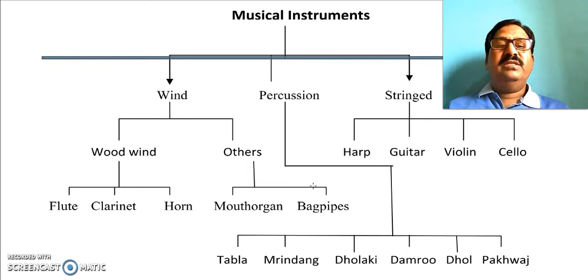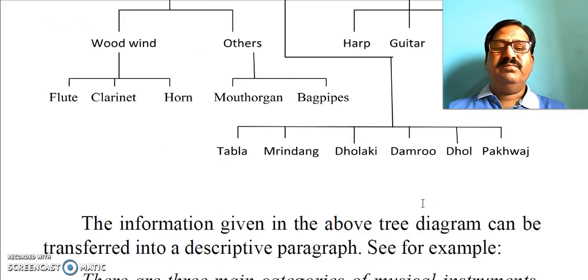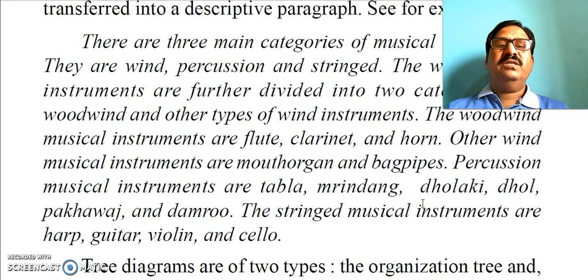If you present the same information in a paragraph or narrative prose, it's very difficult to understand and remember. So you can also write a narrative paragraph on this particular classification. The paragraph is also given here.